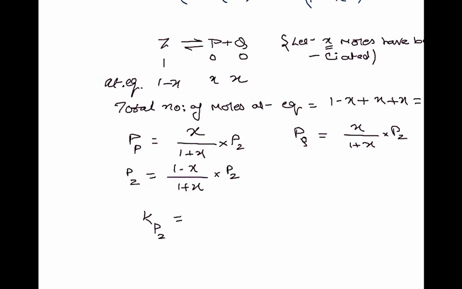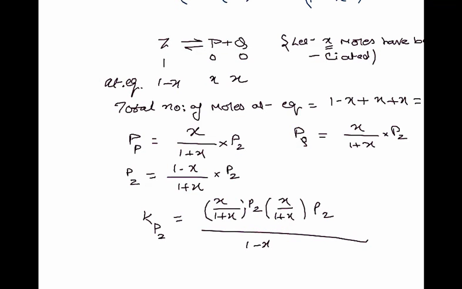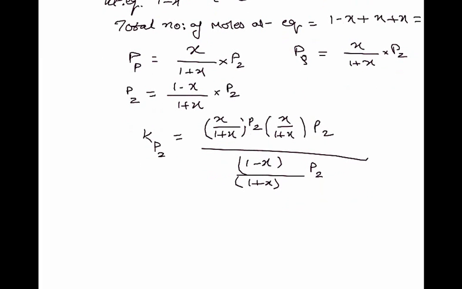So your Kp2 is equal to the partial pressure of products, that is X by 1 plus X into P2 and X by 1 plus X into P2, divided by 1 minus X by 1 plus X into P2.